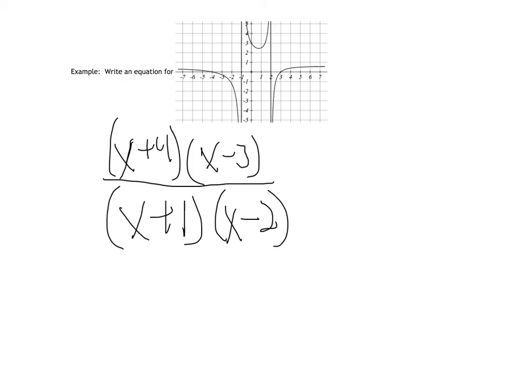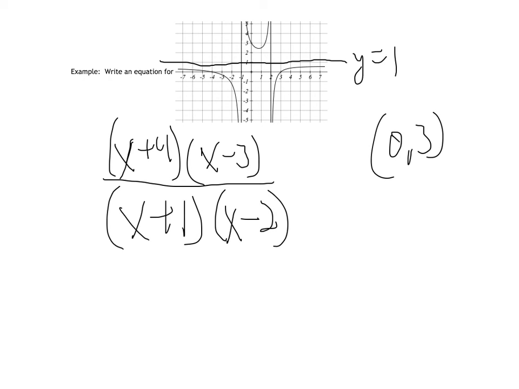I'm seeing that perhaps it has a horizontal asymptote of y equals 1, in which case, for what I have written right here, that would give me 1x squared over 1x squared, which becomes y equals 1. It has a y-intercept of (0, 3).